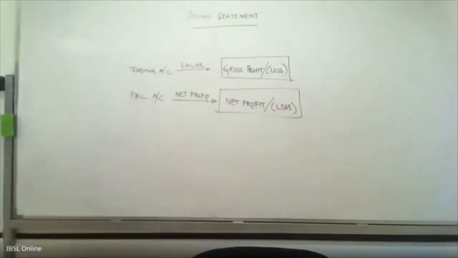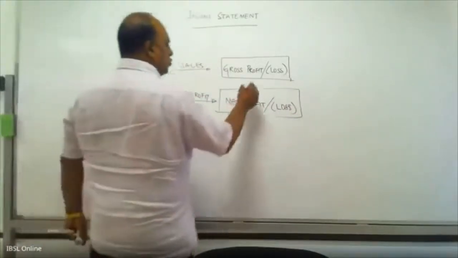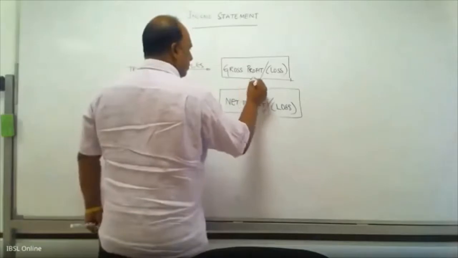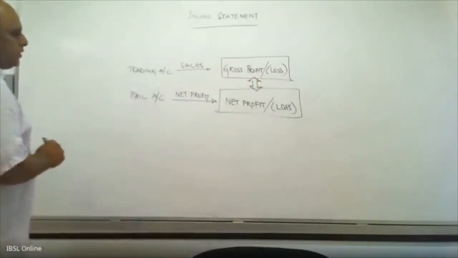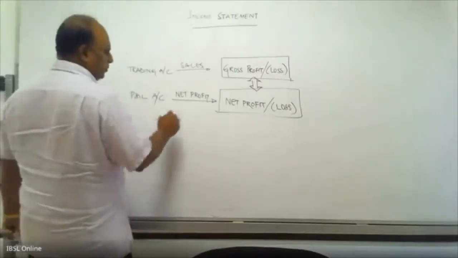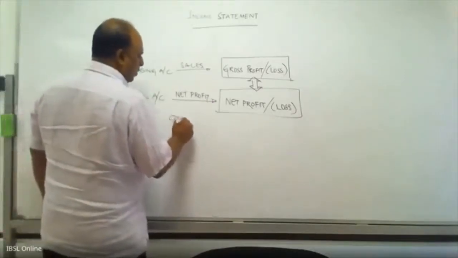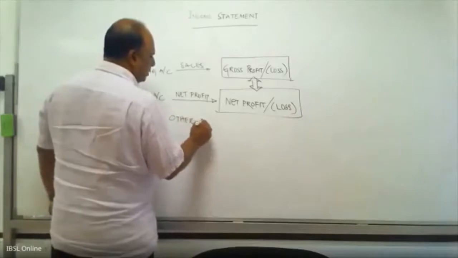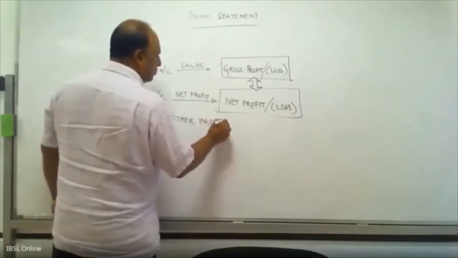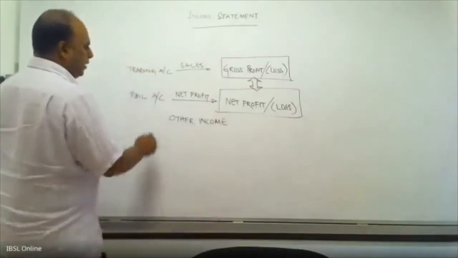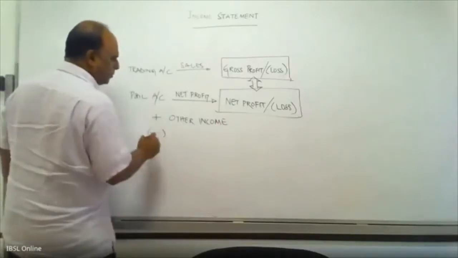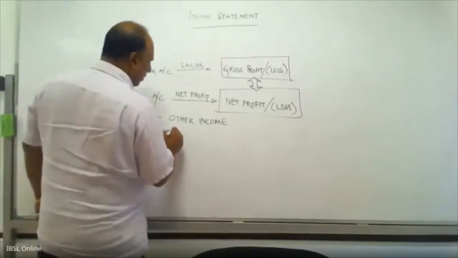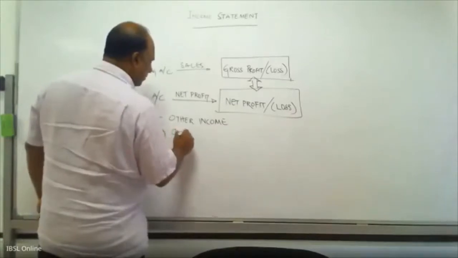The link between these two, how it is getting connected, is that you will bring in all the other income of the business and that is added, and you will deduct all the overheads.